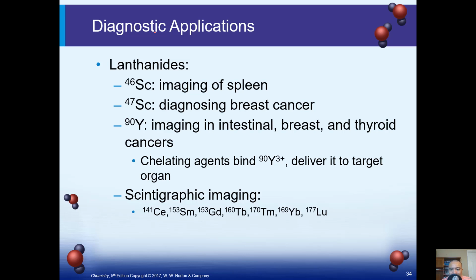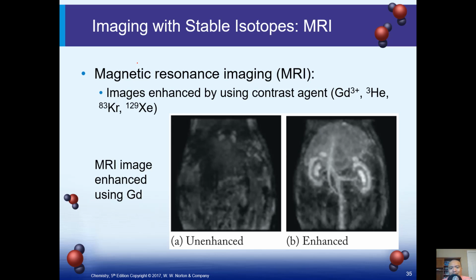Several lanthanide series elements are used in diagnostic applications as well. Many of the imaging applications that utilize lanthanide isotopes are listed on this slide. You don't need to go over the details of everything. Do remember, not all imaging applications involve radioactive nuclides.